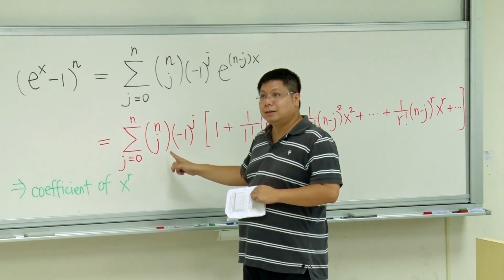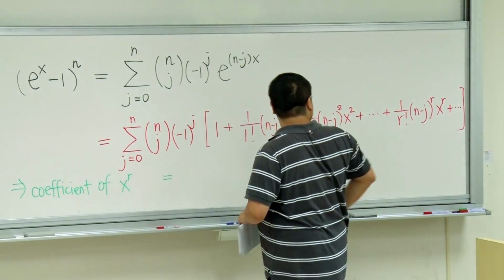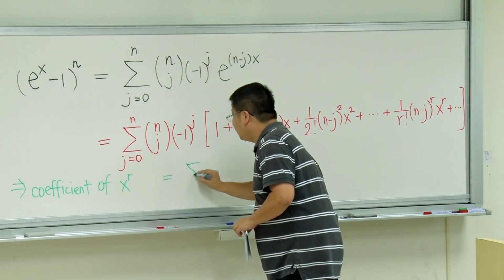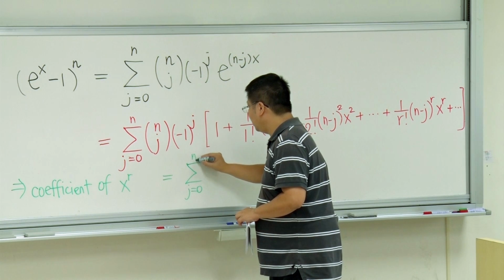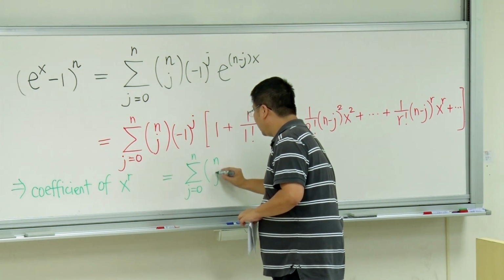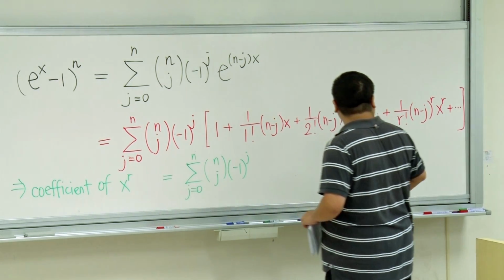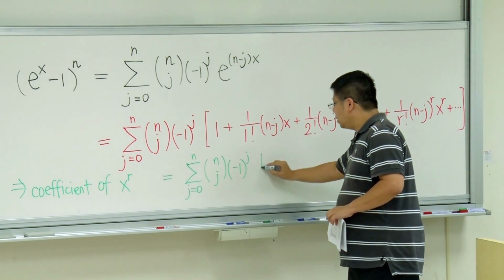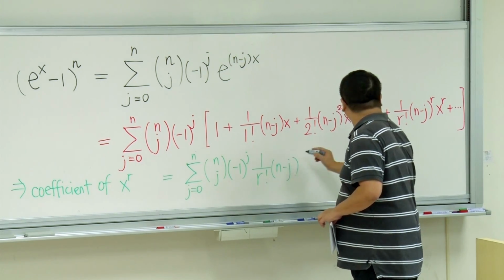Is that okay? So this is going to be equal to summation of j is equal to 0 up to n, n choose j, minus 1 to the power j, and then 1 over r factorial times (n minus j) to the power r.